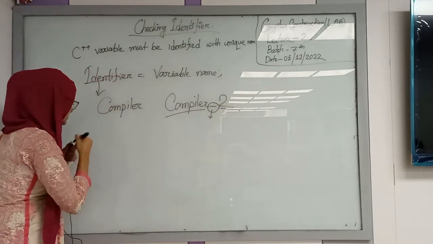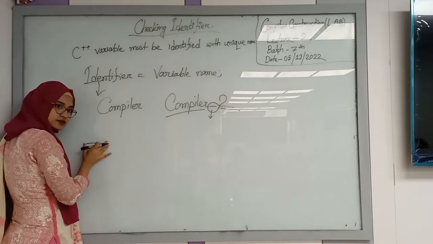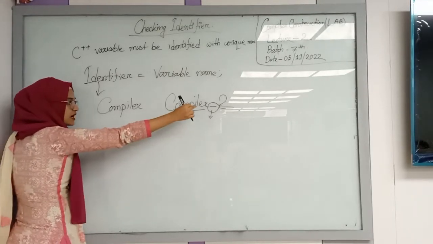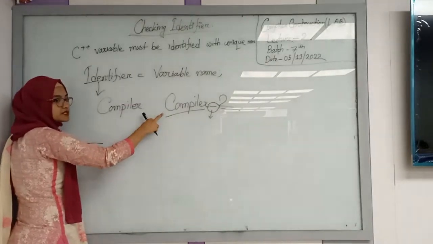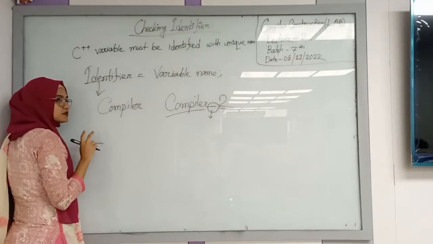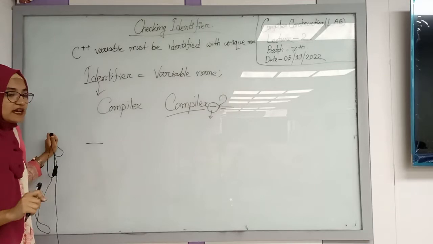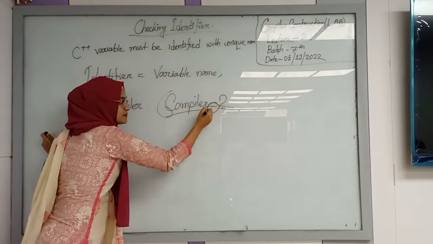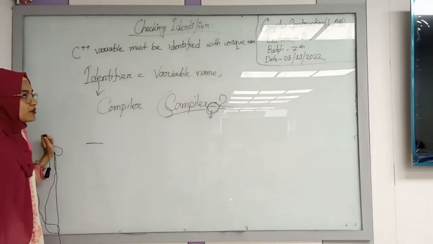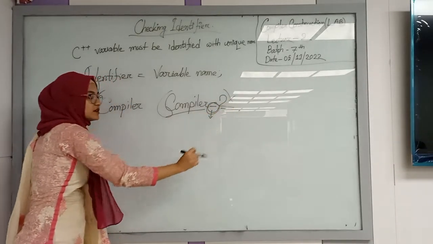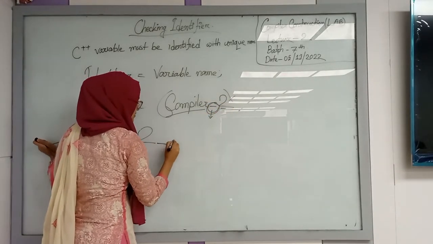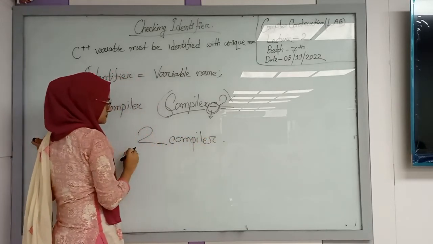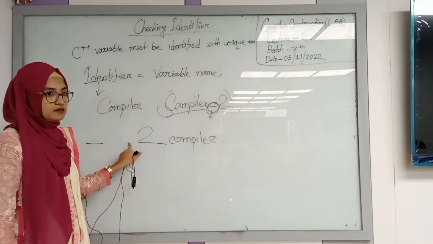First, okay, let me tell. The first character must be a special character or an alphabet. The first character of a variable name must be an alphabet or special character. It cannot be a digit. Is this an identifier?